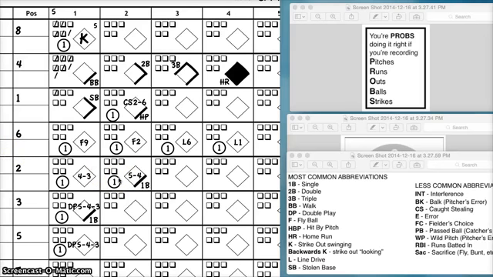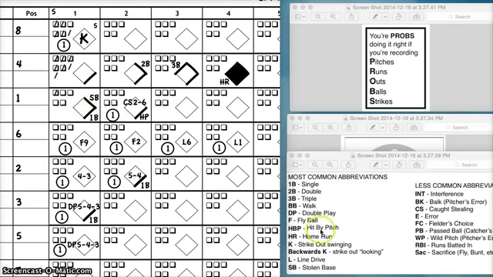The next thing we want to talk about is advancing around the bases. So let's say, for example, that this person got to first base on a single. So let's just write that in. So this person got to first on a single, so that line is drawn in, and then stole second base.